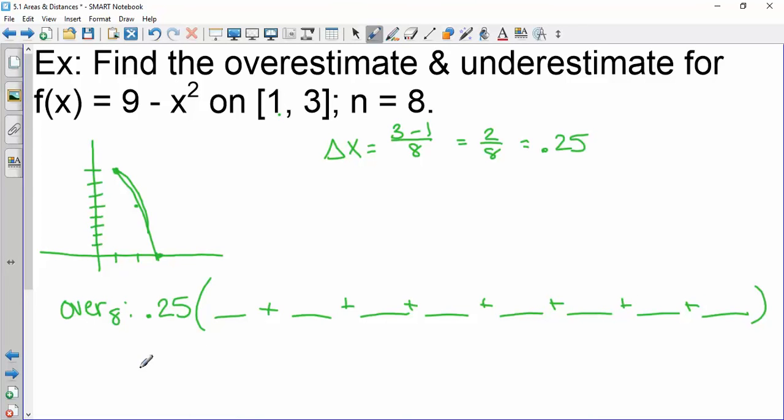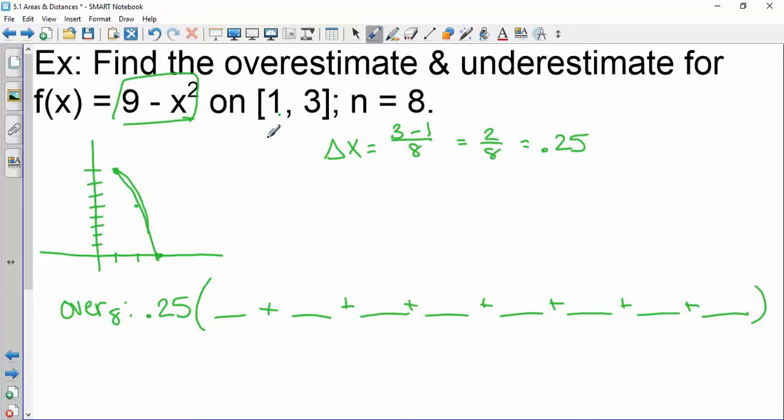This one's going to be a little more annoying to write because what do I have to plug it into? 9 minus x squared. Okay, so the first rectangle. We could look at a graph to decide over or under, but let's talk about how we would do it without a graph. My change in x is 0.25, right?